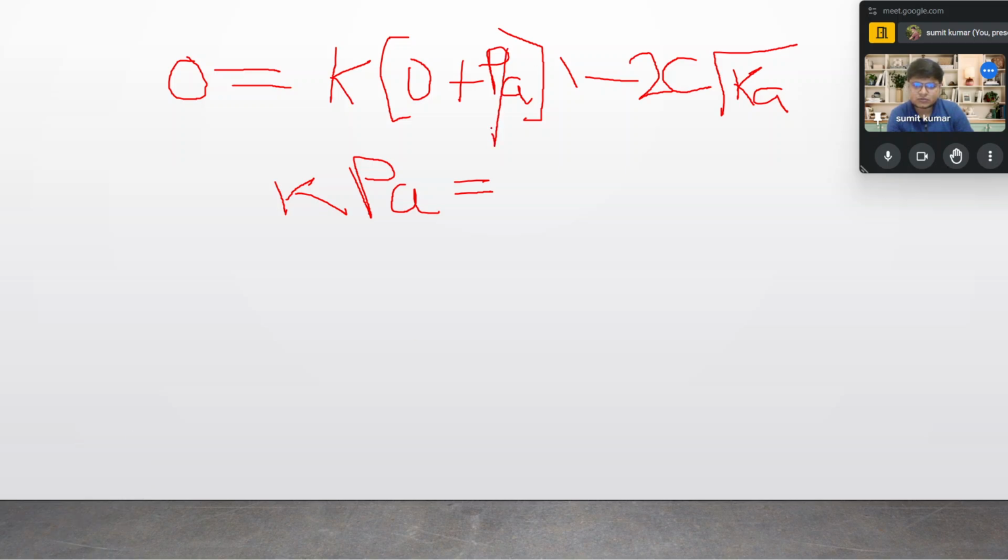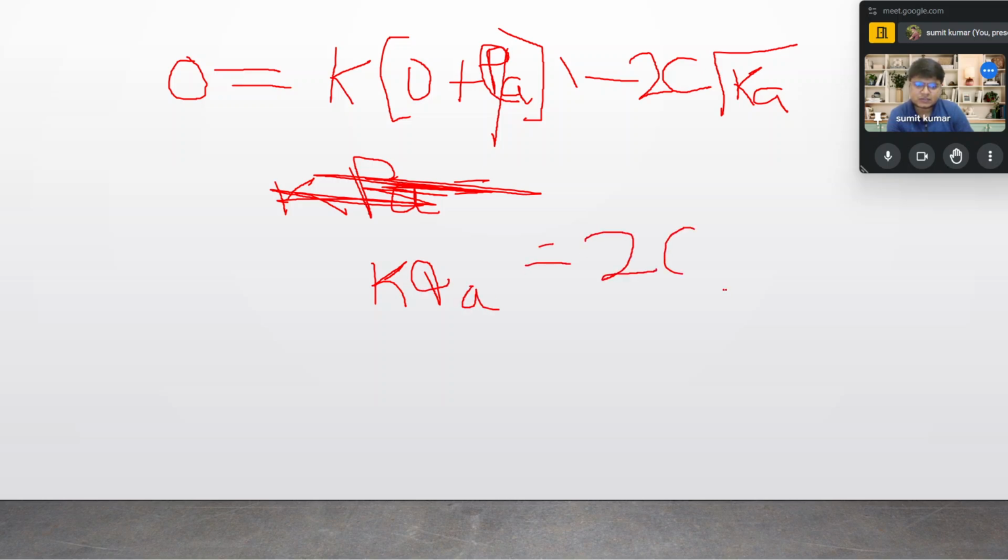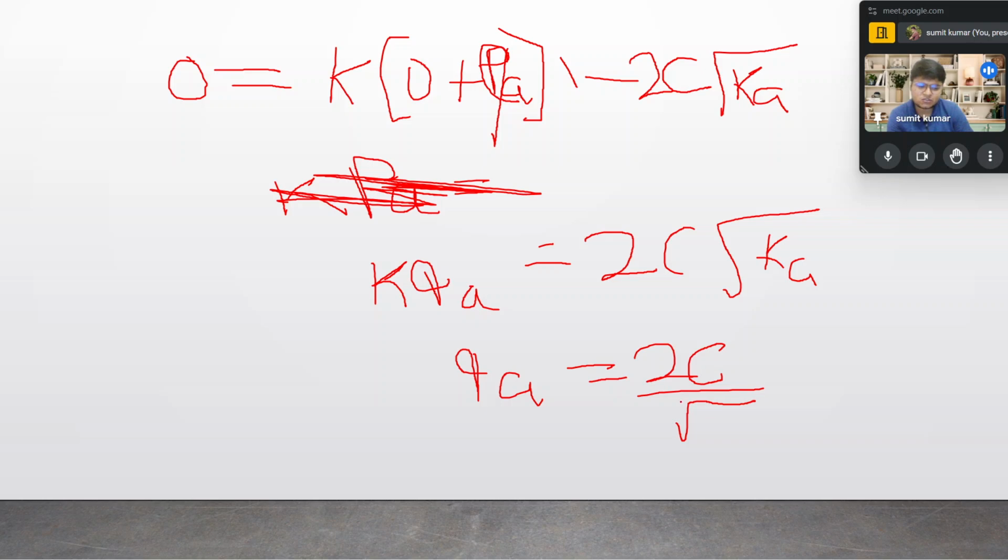Since QA, K into Q. QA is the surcharge equal to 2C dot K. So QA equal to 2C divided by root K. And we know K equal to cot square (45 plus phi by 2).